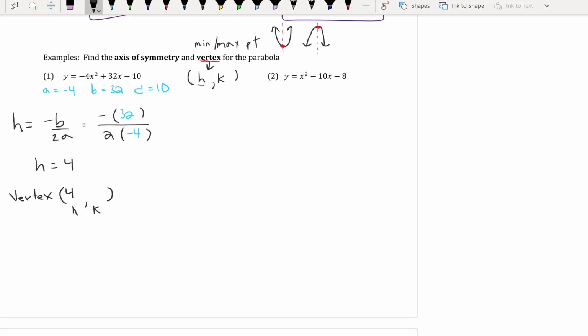To find the k value, plug it into your original equation. So I have y equals negative 4x squared plus 32x plus 10, and the value that I'm plugging in is h equals 4.